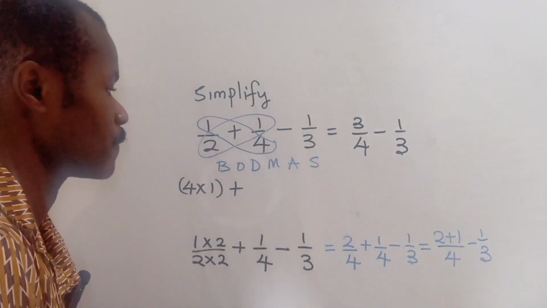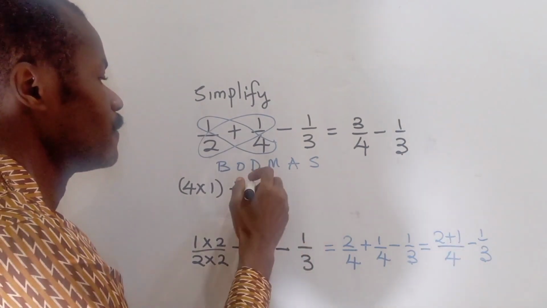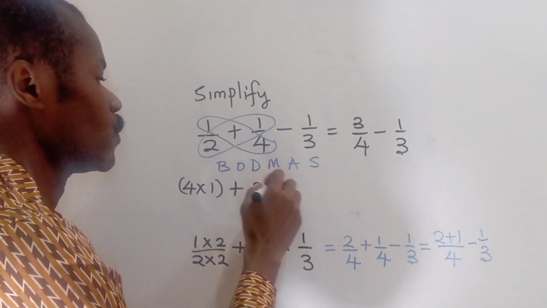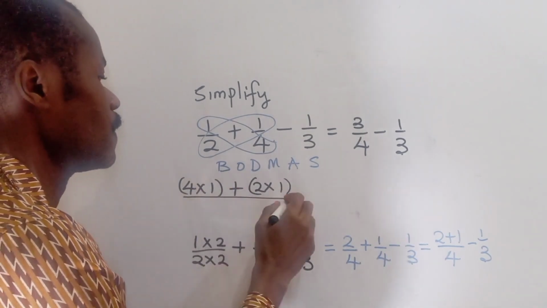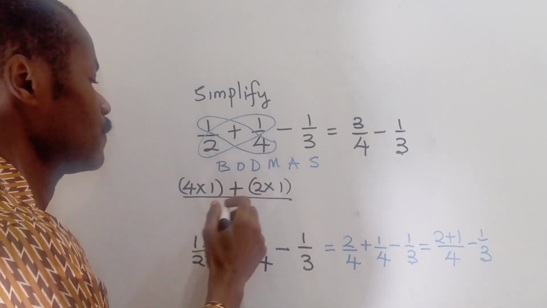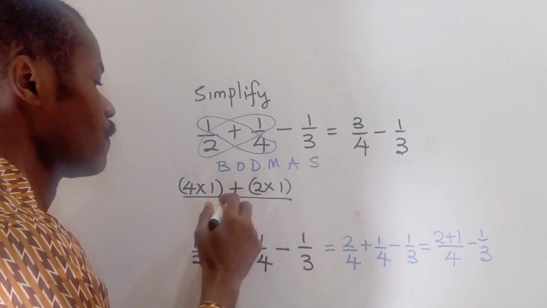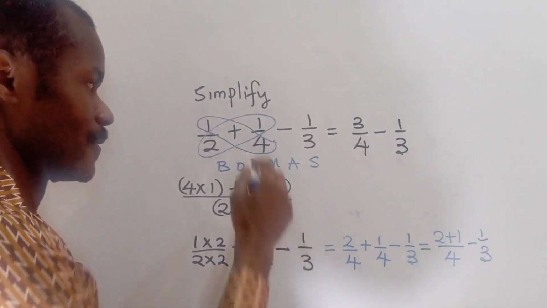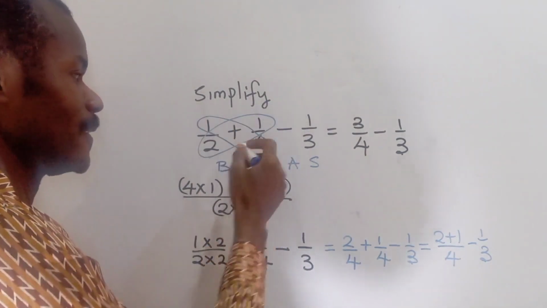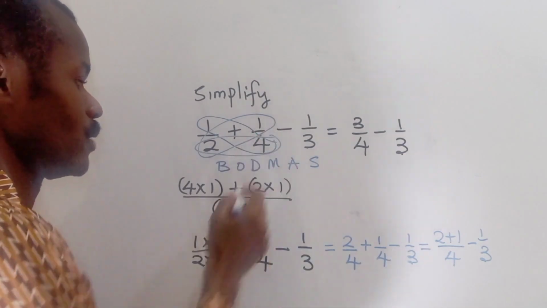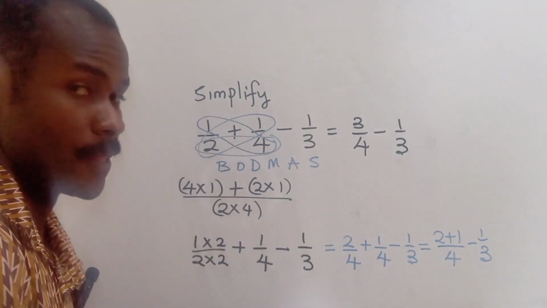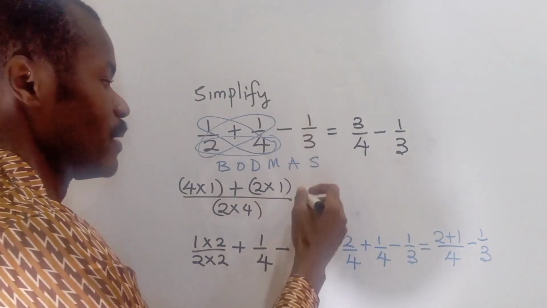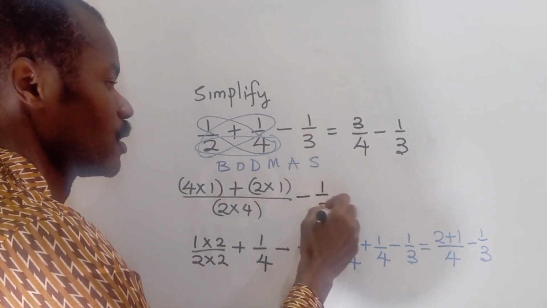So we are going to have 2 times 1. Now lastly, we want to multiply 2 times 4. This is the cross multiplying. Now you have to remember to bring this part, which is minus 1 over 3.